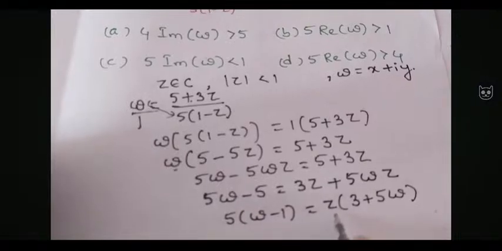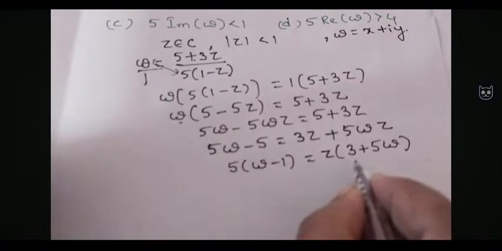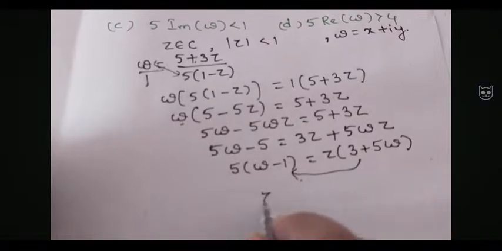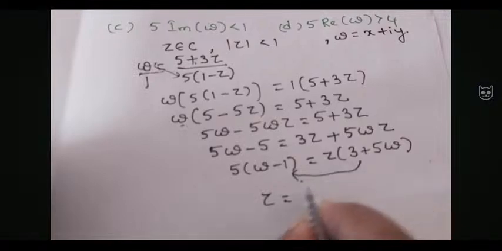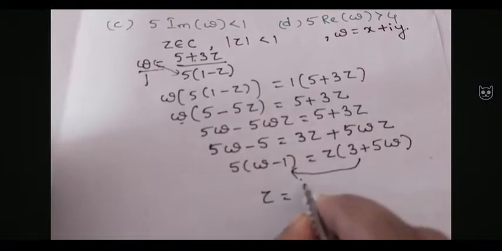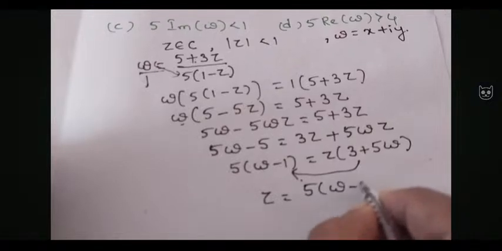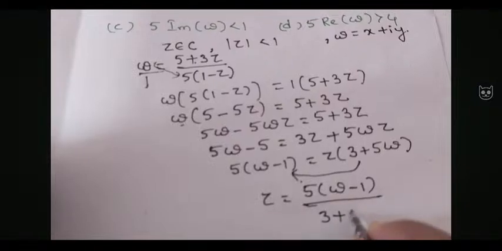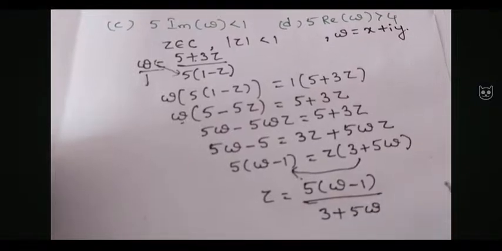Now z, what is the z here? For finding the z, send this value to left hand side. Then z is equals to, so it is in multiplication with z, then it will become division. So 5 of omega minus 1 divided by 3 plus 5 omega.